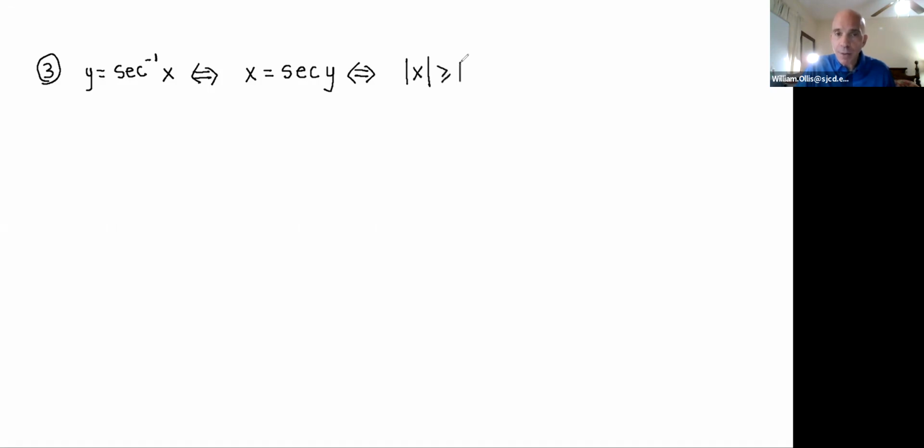Remember, the function's going to have branches that go off into the positive x direction and into the negative x direction, but they're horizontal asymptotes because the secant branch had vertical asymptotes. So y lives, this is kind of like the inverse tangent, but a little bit different. Y lives between 0 and pi over 2, but you have that issue at pi over 2, so you exclude that. So it's basically the interval from 0 to pi, but we're leaving out pi over 2.